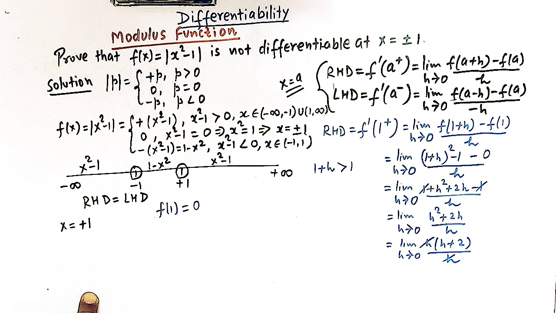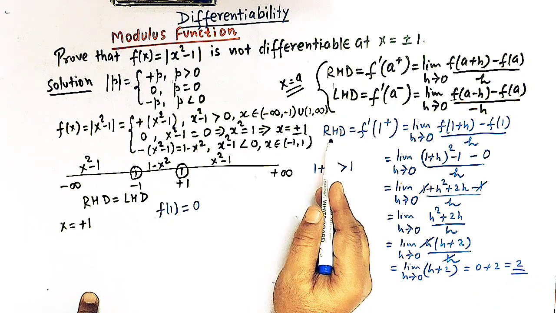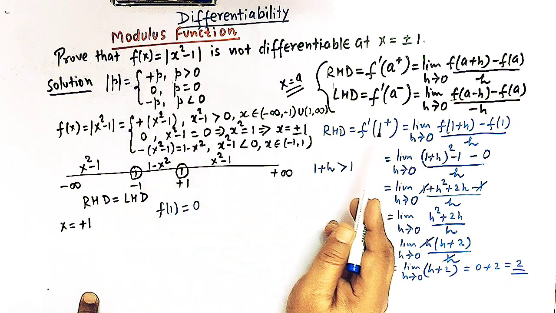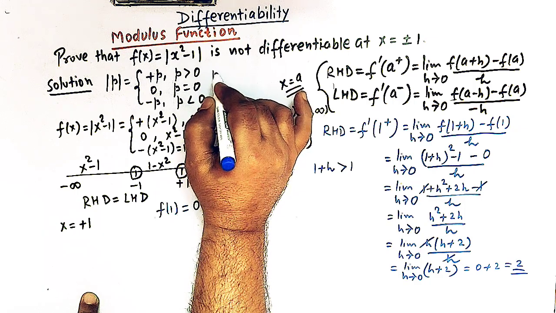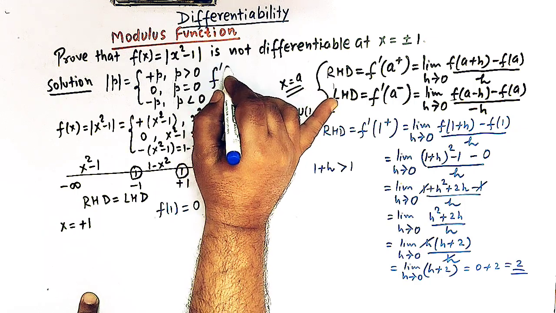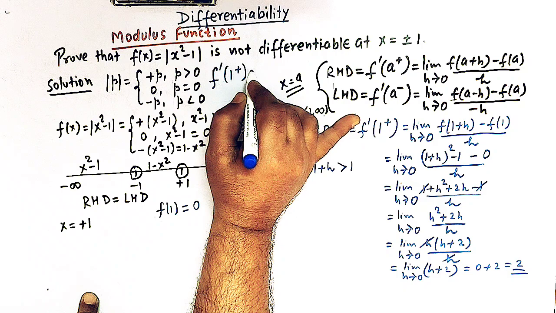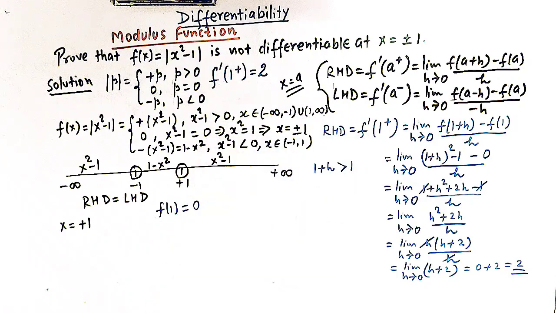So h and h get cancelled. So we have limit h tends to 0, and here we have simply h plus 2. Taking h is equal to 0, we have 0 plus 2, that is equal to 2. So the right hand derivative of this function at x is equal to 1 is given by 2. So here we can write f prime of 1 positive is equal to 2. So now let us find out the left hand derivative.